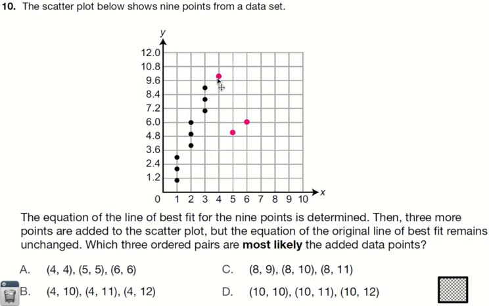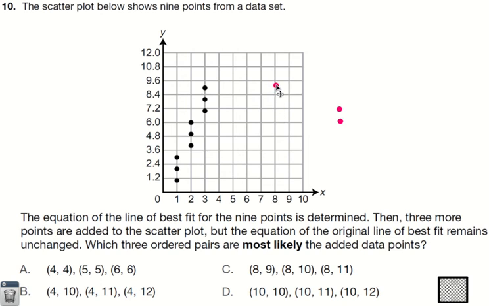So 4, 10, that's looking better. 4, 11. Okay. 4, 12. All right, that's looking pretty good, actually. But let's check them all. Let's be sure. 8, 9.